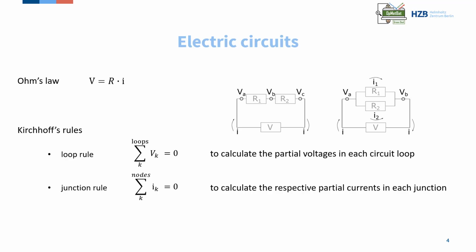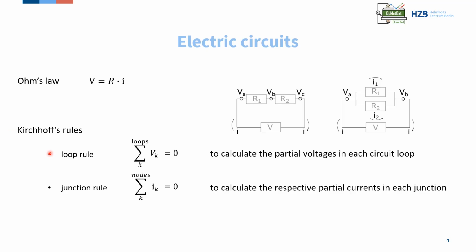To understand better about impedance, it is good to consider first some basics about electrical circuits, with Ohm's law and Kirchhoff's rules. Ohm's law provides the relationship between voltage, current, and resistance. Kirchhoff's rules determine the contribution of local voltages and current intensities for resistors arranged in series or in parallel in a circuit.